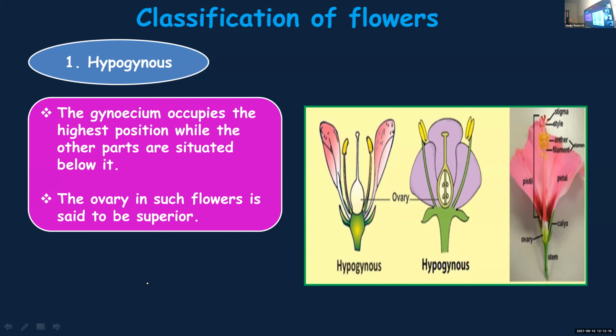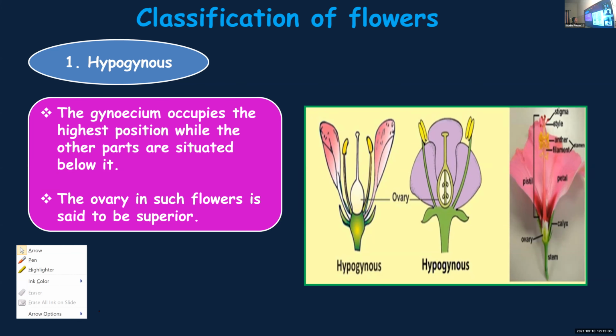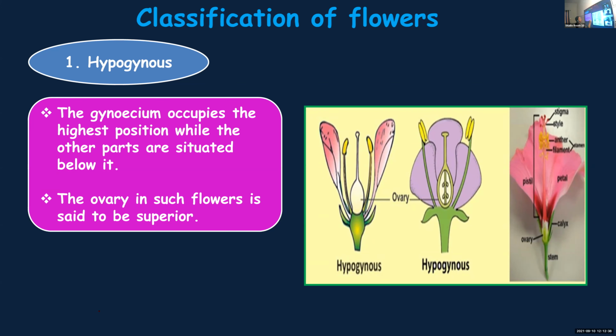So when that is occupying the highest position while all the other parts, petals, sepals, stamens, are situated below, then you call such a flower a hypogynous flower. Here you can see this is the ovary. The position of the ovary is highest, and below that stamen, petals, sepals. So that means the ovary is superior to all the other parts. Such a flower is known as a hypogynous flower.